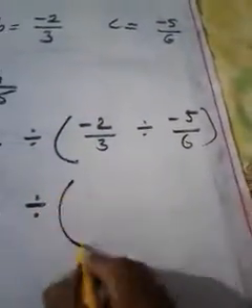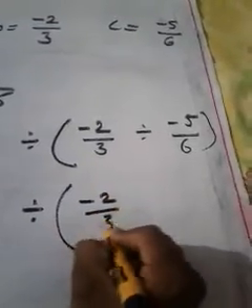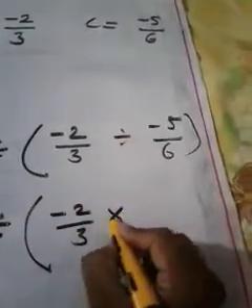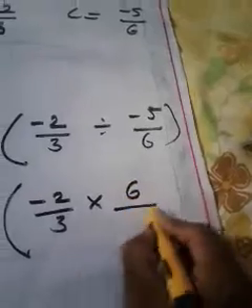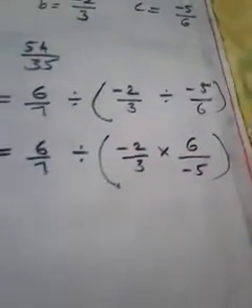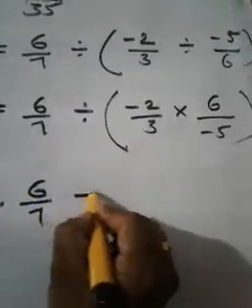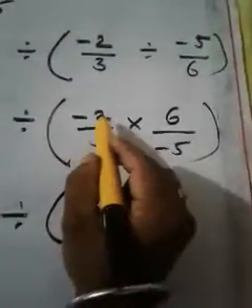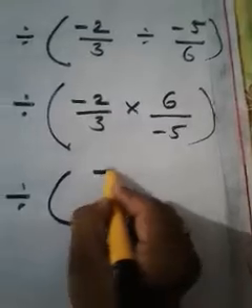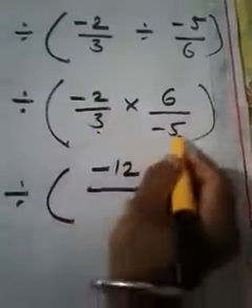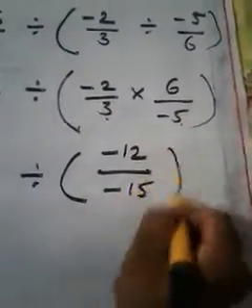Here inside the bracket it becomes minus 2 by 3, division will be multiplication into the reciprocal of minus 5 by 6, which is 6 by minus 5. Any problem? No. Now it becomes 6 by 7 divided by what is minus 2 into 6? Minus 12. What is 3 into minus 5? Minus 15.